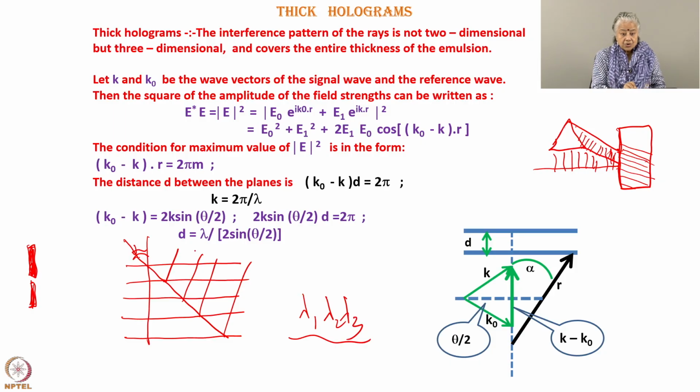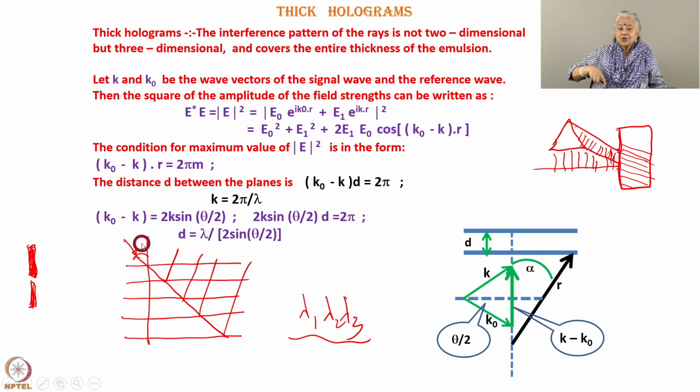Because see, only those lambdas will be taken into consideration which satisfy this condition. So you can have any of these lambda, it will just pick up one of those, and those will be refracted back or reflected back, and those will have constructive interference.